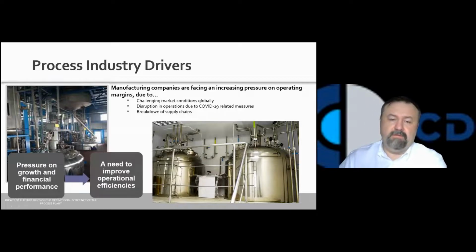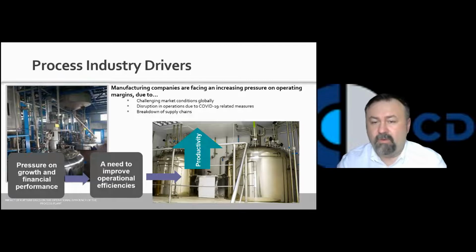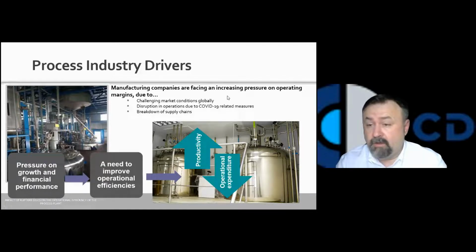As in any manufacturing business, in order to face these challenges we need to consistently and constantly improve our operational efficiencies. In layman's terms, in essence, we need to increase our productivity. And I'm saying we because, as I said, we're all facing the same challenges. But typically, when a business tries to increase its productivity, it comes at a cost.